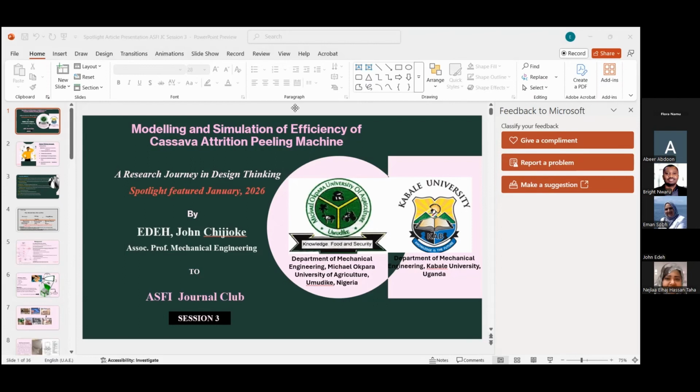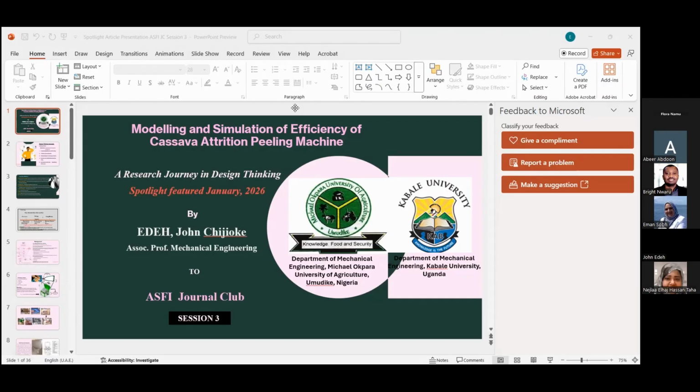It needs to be peeled before it is used for any other product, either boiling and the rest. Matoke has some physical characteristics, and I used some of my students to characterize it across varieties and see how these features vary.